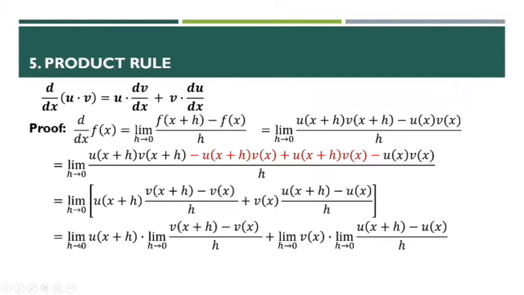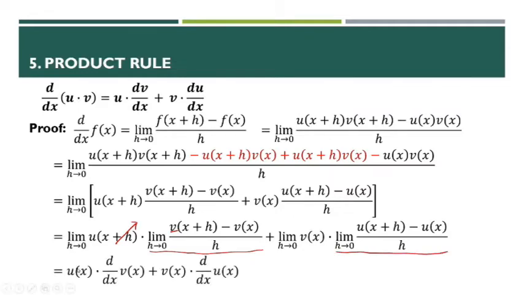Where yung limit ng u of x plus h as h approaches 0, so this approaches u of x, and this one is actually a definition for the derivative of function v, and this one is v of x lang din. Ito naman ay definition din ng derivative.